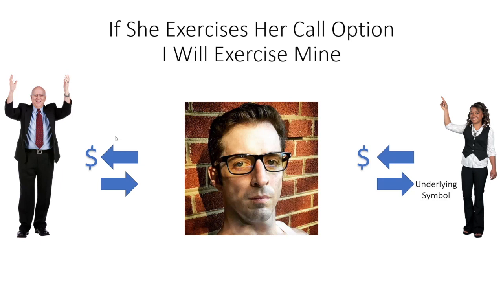So by being the middleman, number one, I can cover this call option without actually owning the stock or having a lot of cash in order to cover that, because I now have the right to exercise somebody else.